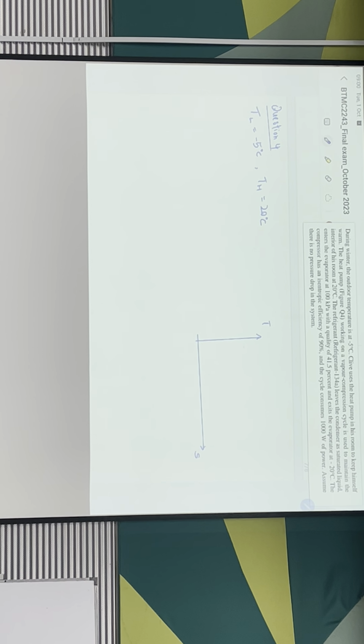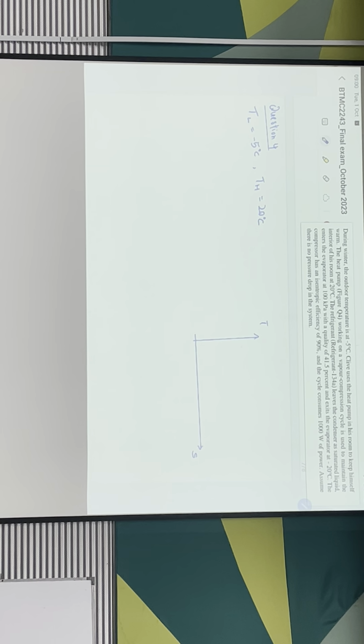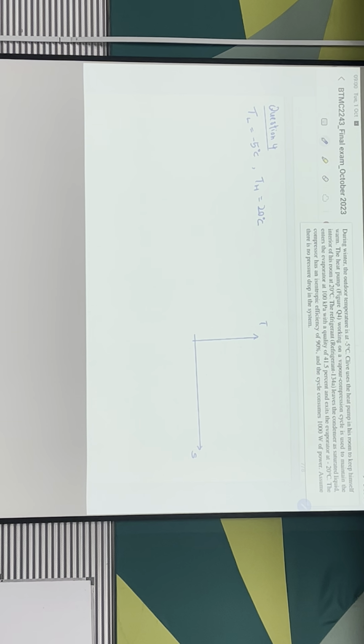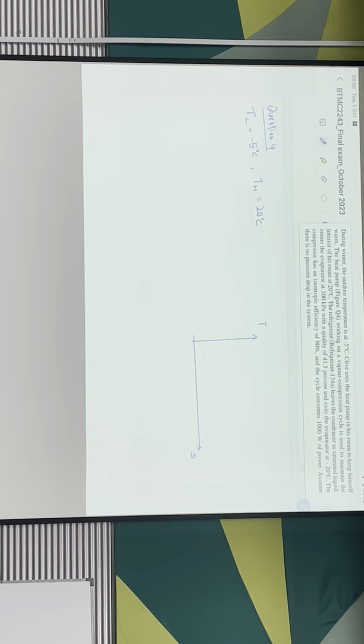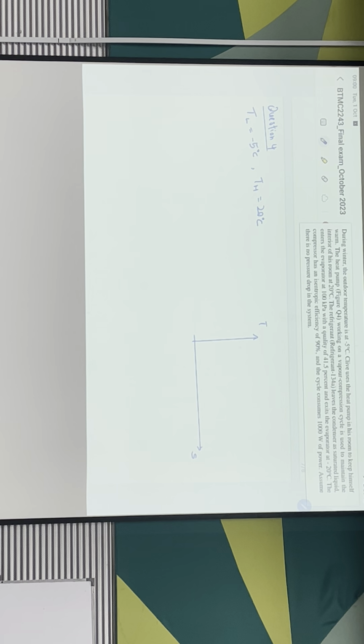It leaves the condenser as saturated liquid, so at state 3 this is still a saturated liquid. It enters the evaporator at 100 kilopascal with a quality of 41.5% and exits the evaporator at -20 degrees Celsius. So here, maybe for state 3 I don't write anything first because it's still saturated liquid.